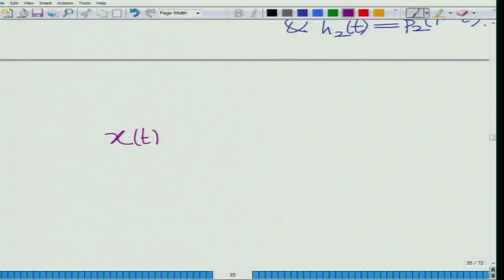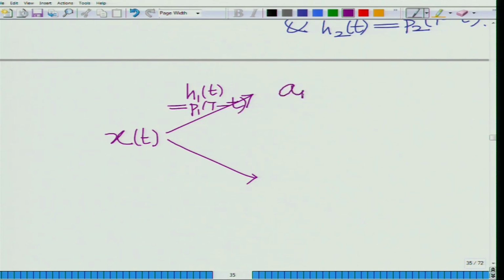So, therefore, what we have here is basically x t, you separately match filter with H1 t equals P1 T minus t, that gives A1 EP plus N1 tilde, okay, and EP is equal to 1. So, this is simply A1 plus N1 tilde. Okay.